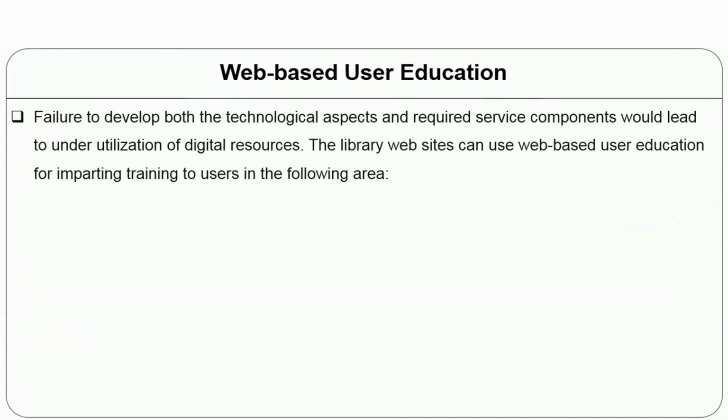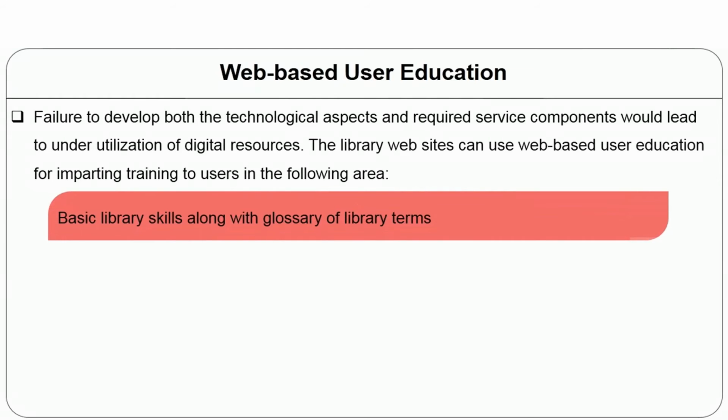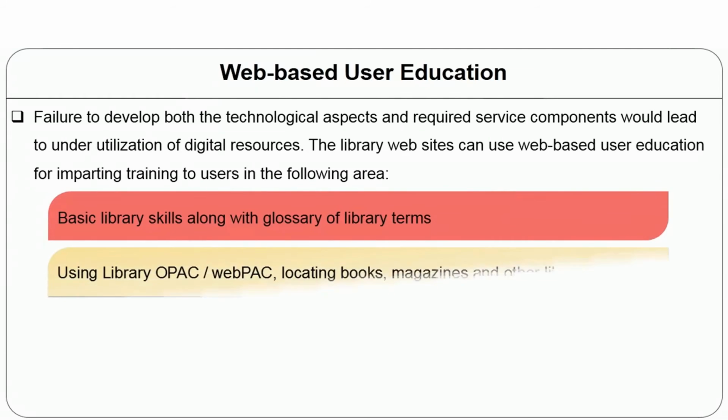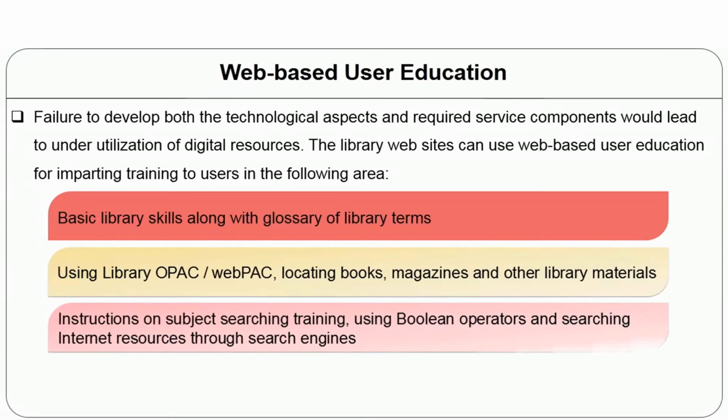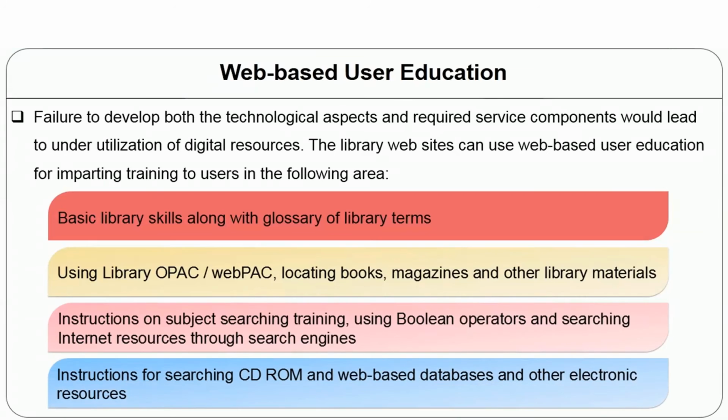Some of the areas where web-based user education can be used are: basic library skills along with a glossary of library terms, using the library OPAC, web OPAC, locating books, magazines, theses and other library material, instruction on subject searching, training using Boolean operators, searching internet sources through search engines, and instruction for searching CD-ROMs, web-based databases, etc.